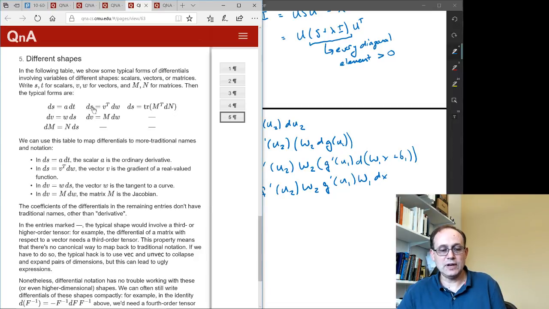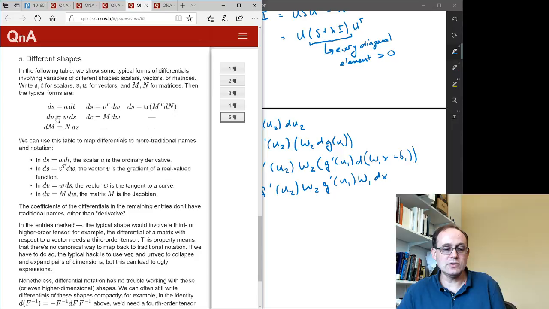If you have a scalar s, which is a function of a vector w, the differential of s is going to be a vector transpose times the differential of w, which is also a vector. So this vector v is called the gradient. We have a real valued function of a vector argument, and its derivative is called a gradient.